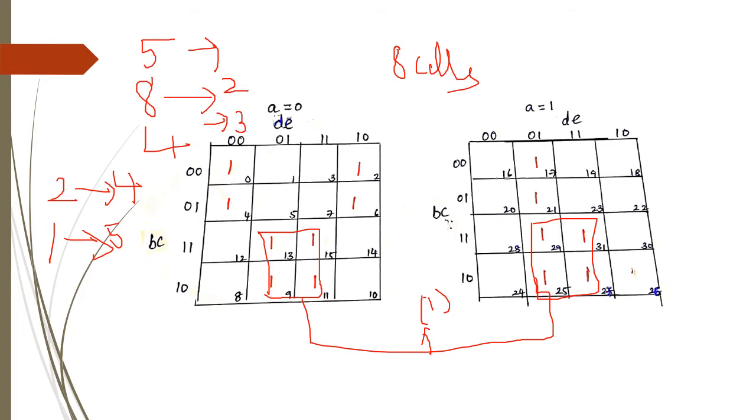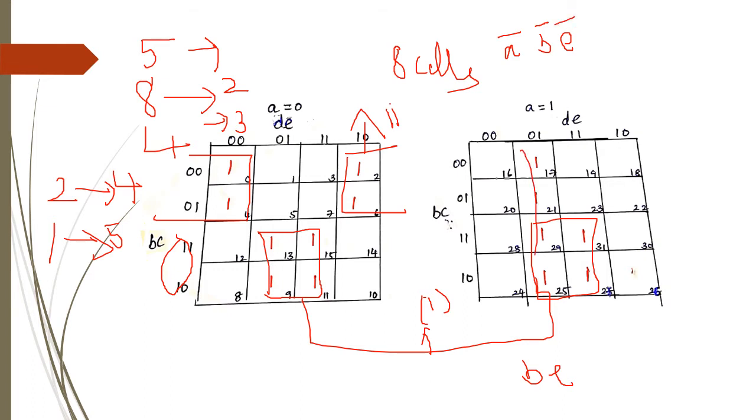A is different here, so don't consider that. Just consider this, it will be B, and A is common here, so the first expression will be BE. Next, I can group this and this. This corresponds to A equal to 0, so the expression is A bar B bar E bar, which is the second expression.